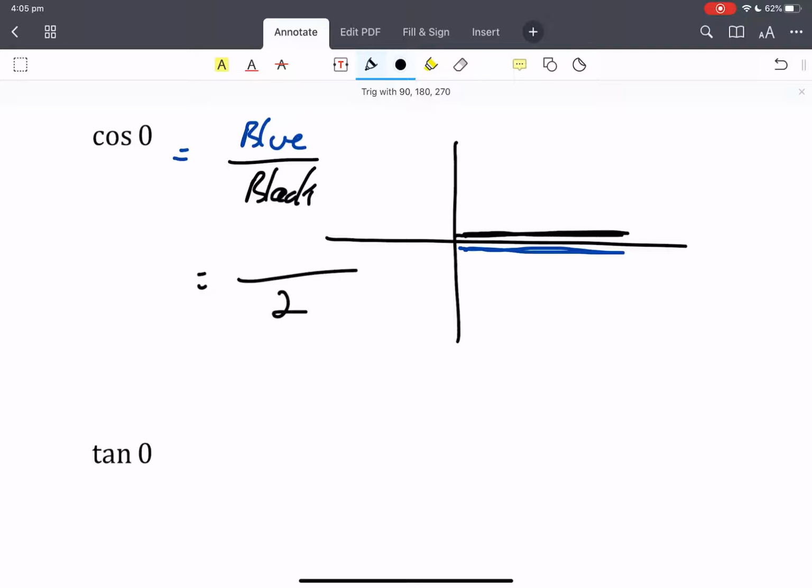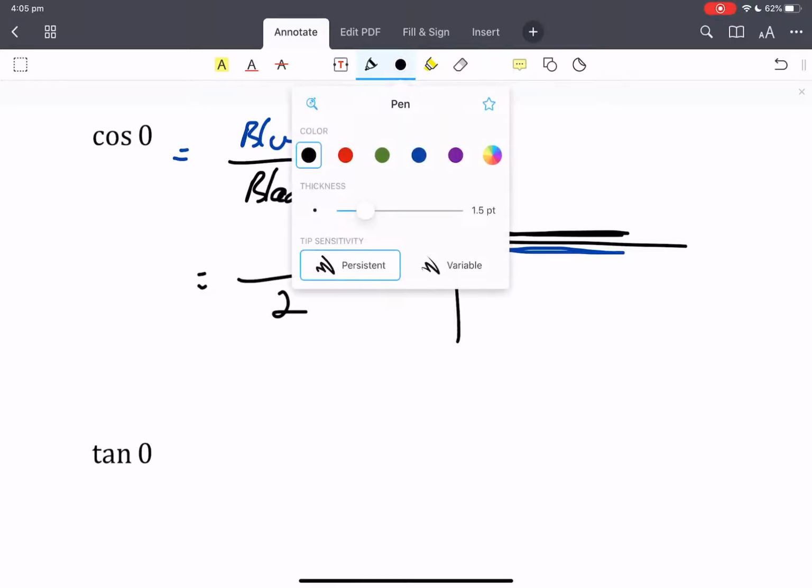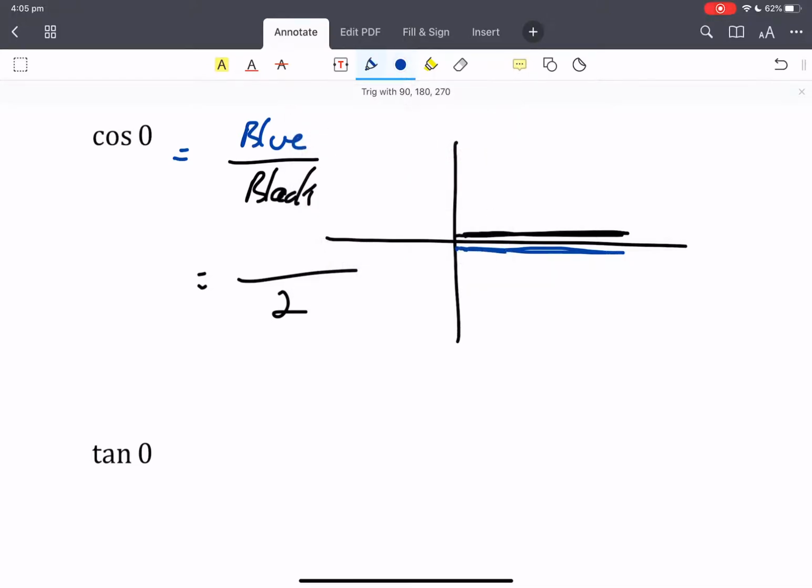Remember, my black's always 2. Now, if my black line is 2 and it's horizontal, how long's my blue line? I reckon it's also 2. What's 2 divided by 2? 1. So cos 0 is equal to 1.